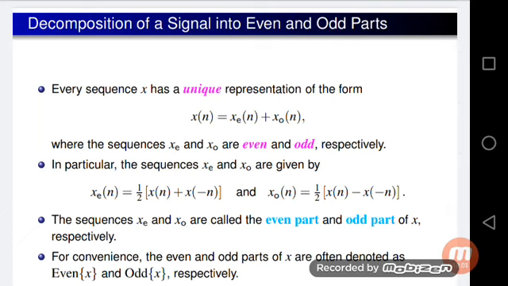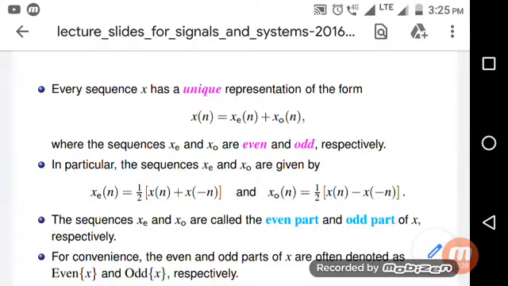E means even, O means odd. So the unique representation is x of n equal to even function plus odd function.